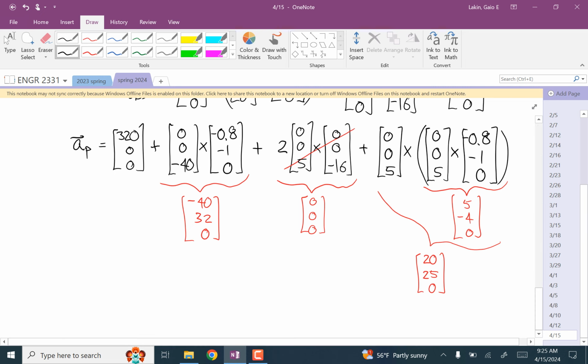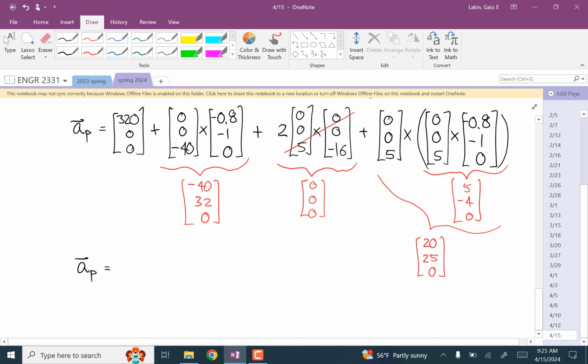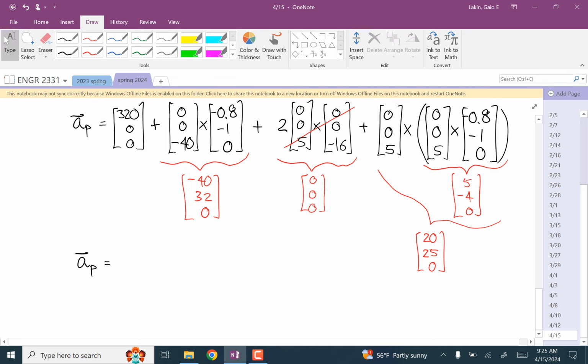And so add those all together and you get an acceleration of p that's equal to 25, negative 15. So I think this is 305.